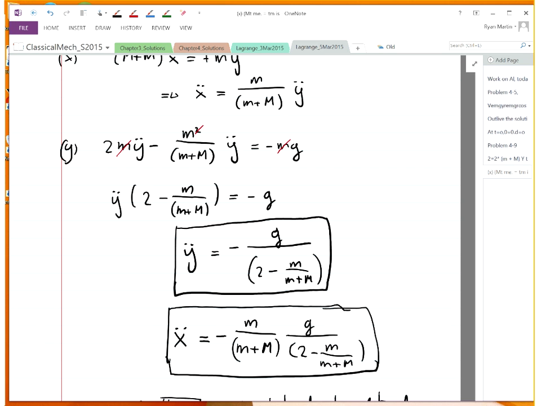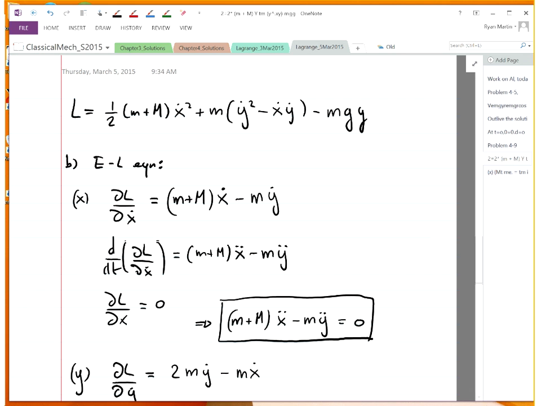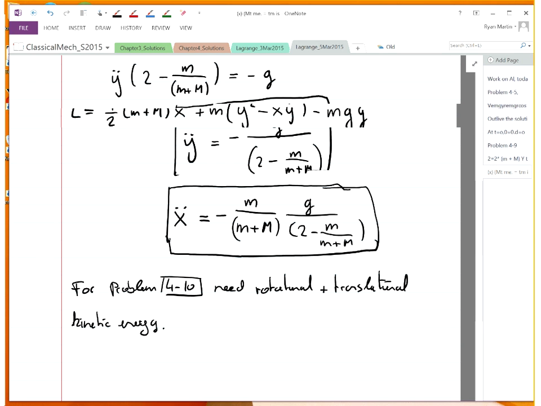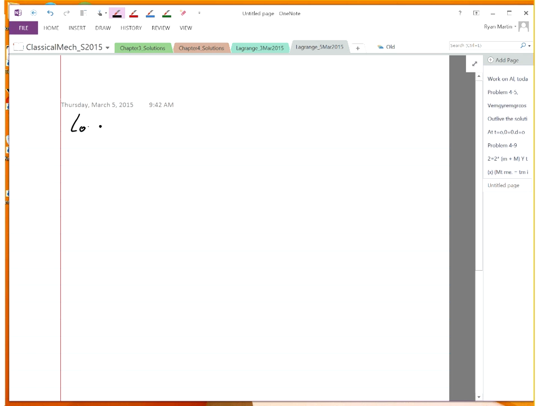Now I want to go back and highlight some features of this problem that we just did. In particular, I want to go back to the x equation, looking back at the x Euler-Lagrange equation.